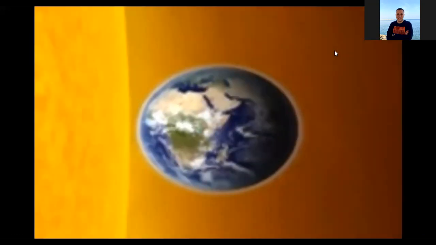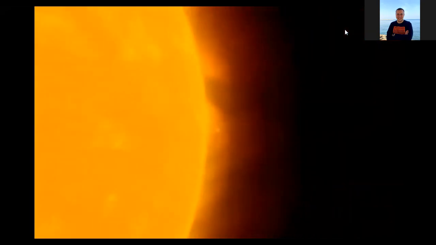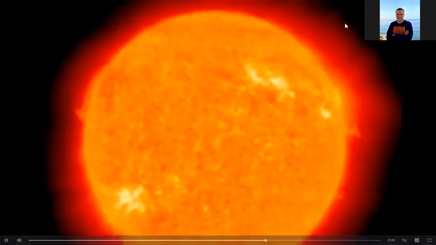As we mentioned, the sun is a star. It's a huge object that's 1 million times larger than Earth. It's also the closest star to us. Describe it. What does the sun look like?